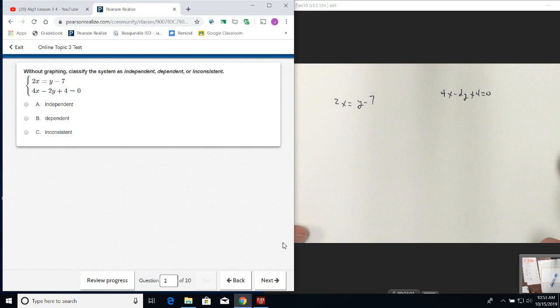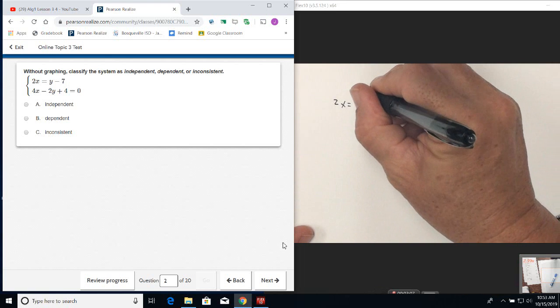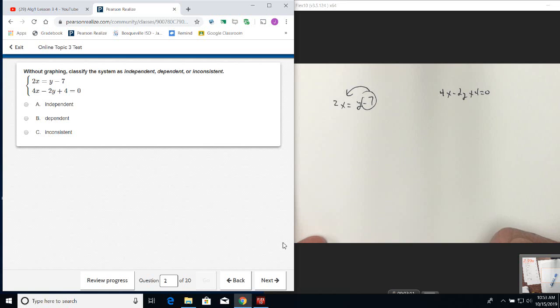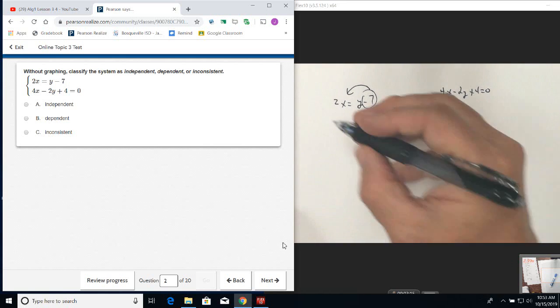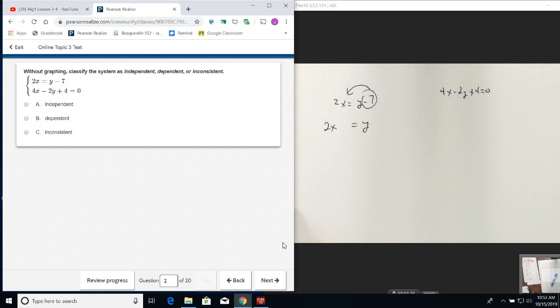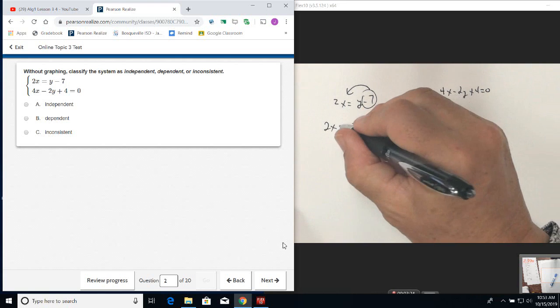Just put them both in slope-intercept form so I can find the slope and the y-intercept. So the first equation, you just move the 7 over. If I take that negative 7 and move it to the other side, it leaves y by itself. It's y is equal to what? 2x, and then what happens to that negative 7 when I jump it across? Becomes a positive 7. Very good.